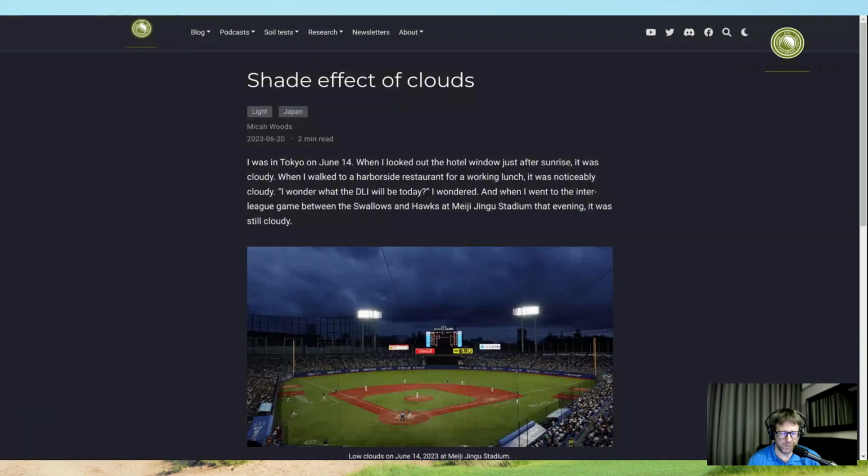So the post that I'm going to talk about today has a title of Shade Effect of Clouds. This is one that I wrote earlier in June, after I had spent a day in Tokyo that was very cloudy. I will put a direct link to this post, the post with the title Shade Effect of Clouds, in the show notes and in the video description, and I will encourage you to check out the footnotes.